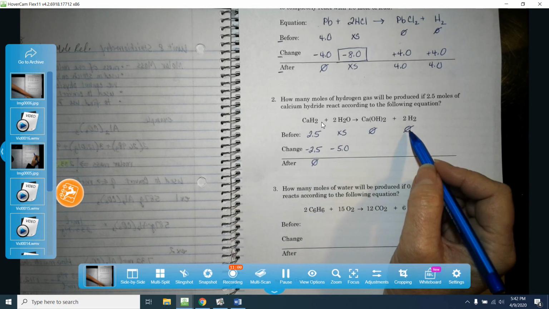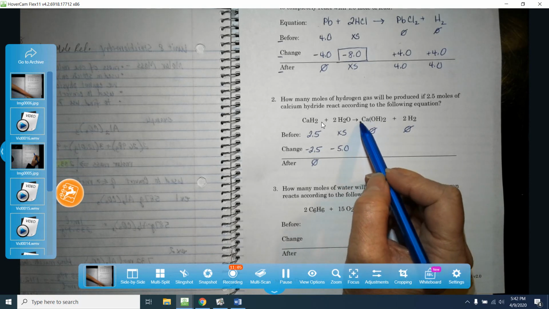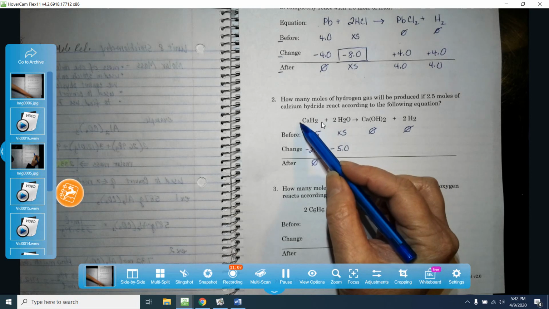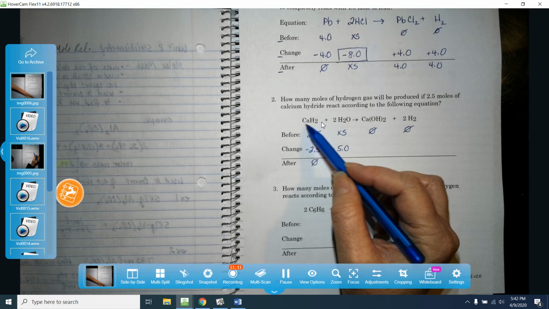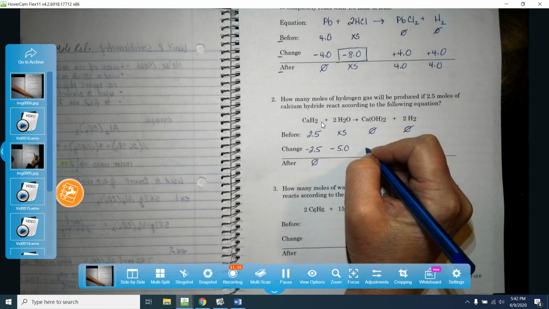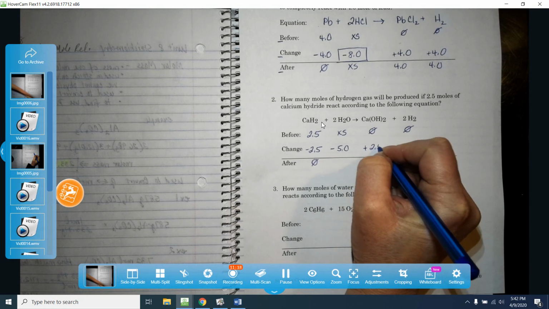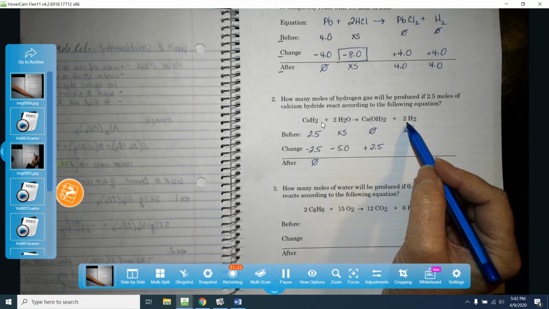Now let's go on the product side. Look at our coefficients again. This coefficient is a 1. That one was a 1. So it's going to be the same number. So however many of this I use up, that's how many of these I'm going to make. Therefore, this is going to be 2.5. Okay, and then for my hydrogen gas, I have 2 here.